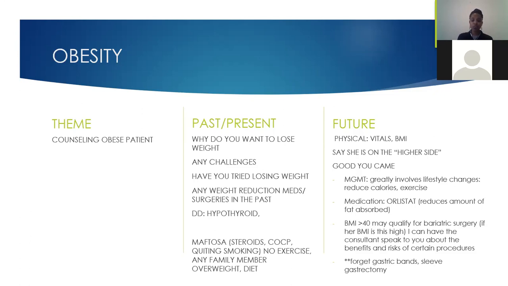And you mentioned to me that you're interested in the NHS surgery. Never forget the concern of the patient. You have to deal with it before you start giving them your fabulous lifestyle changes. You say, I'd like to do your BMI. The BMI maybe comes back as 40, because with a BMI of more than 40, you can qualify for the NHS surgery, okay? Because this BMI is on the higher side.